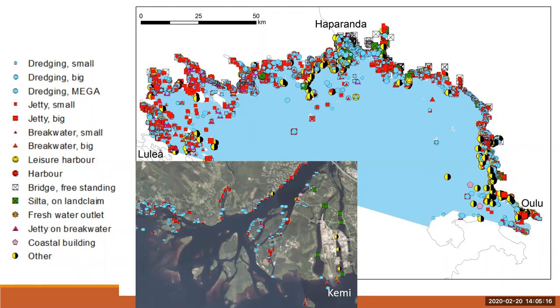I've been told that for Finland, I don't know what the Swedish situation is, but for Finland, there will be an analysis like this done for the whole coast, and I think it should be ready pretty soon.